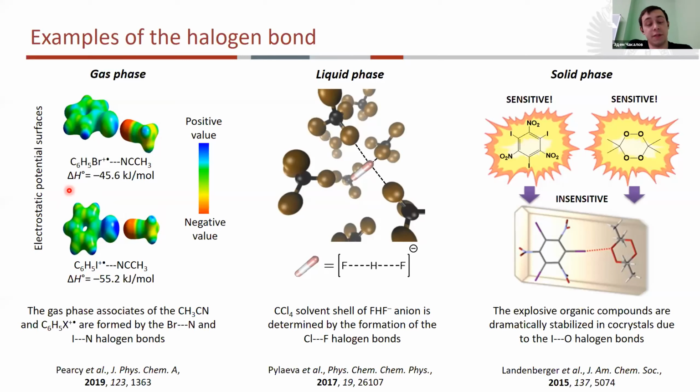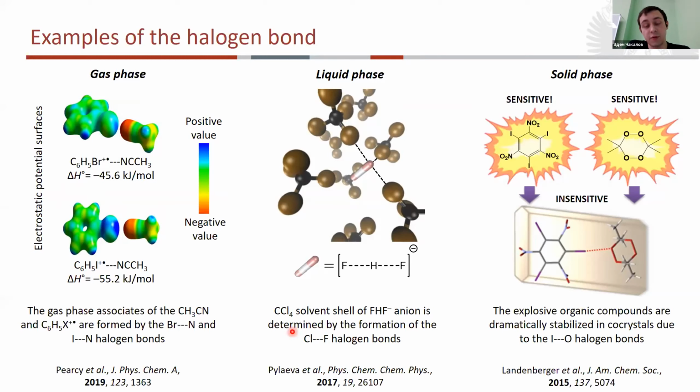The electrostatic surfaces of the lowest energy structures of the complexes clearly show the formation of ionic halogen bonds, driven by positively charged sigma holes along the carbon-bromine and carbon-iodine bond axis.